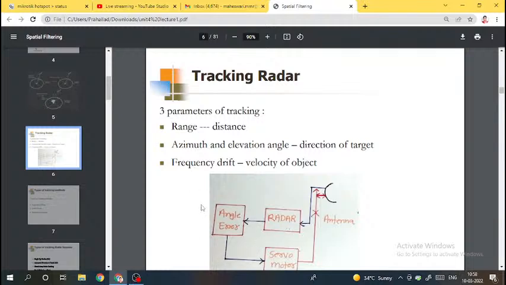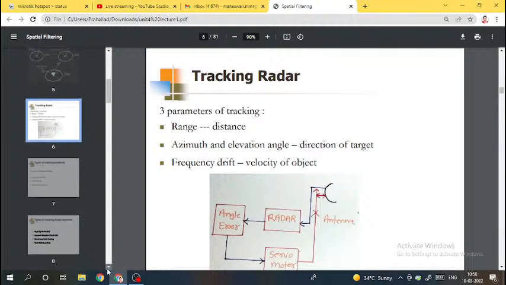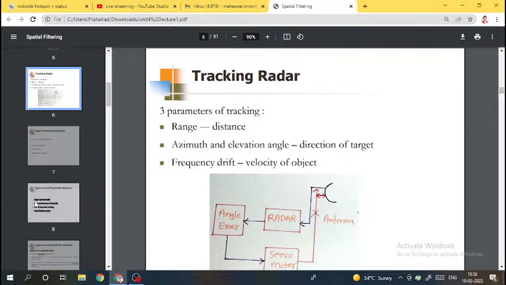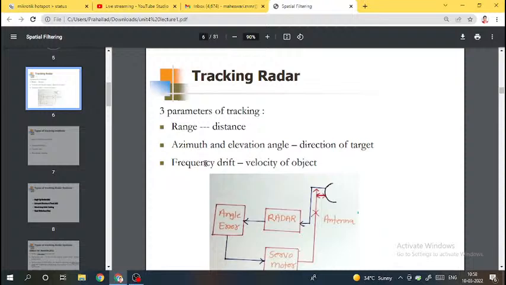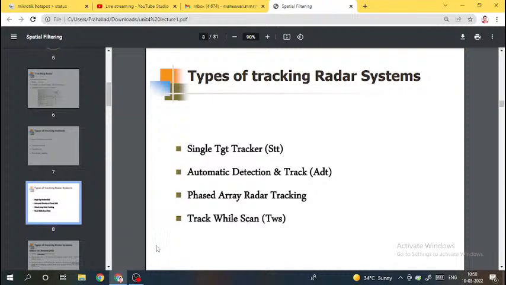Before going into that, we will have a short introduction to the different types of tracking radar. So don't get confused: sequential lobing, conical scan, and monopulse tracking are the tracking methods used for estimating the angle error. Now we'll see an overview of different types of tracking radar systems. We have four types of tracking radar systems.